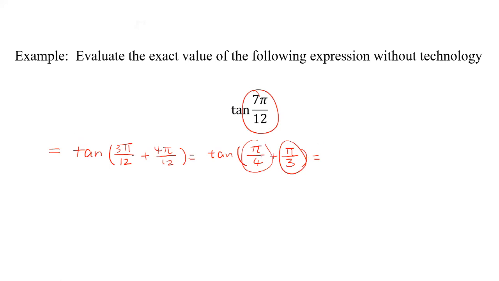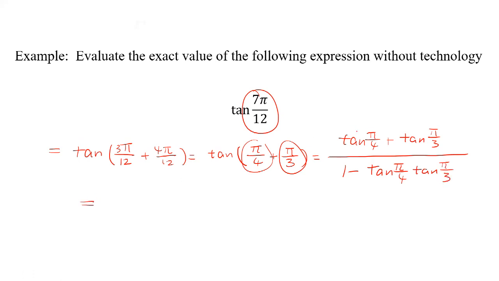And according to the compound angle formula, tangent alpha plus beta is tangent alpha plus tangent beta over 1 minus tangent alpha times tangent beta, which is tangent 1/4 pi is 1, right?